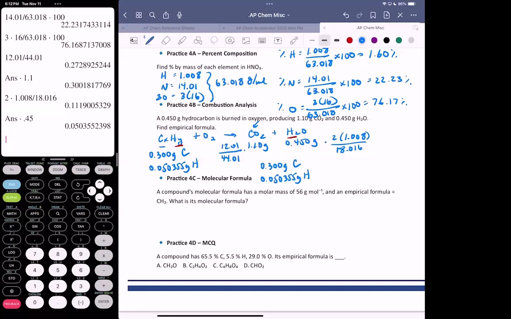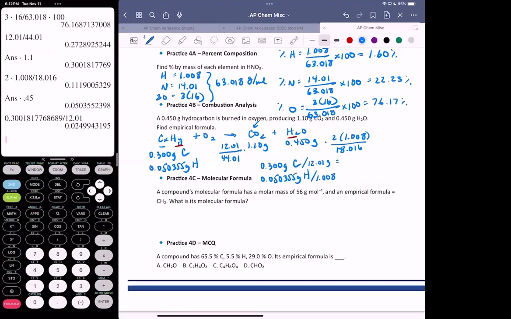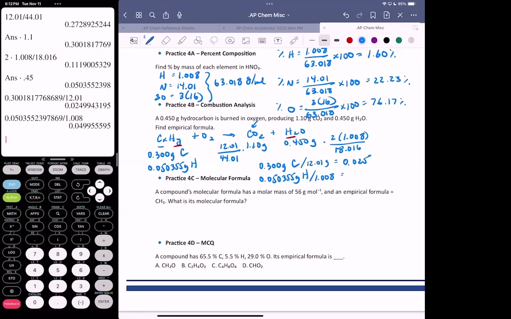So 0.300 grams divided by the molar mass of carbon and 0.05 grams divided by the molar mass of hydrogen. So 0.300 divided by 12.01 gives me 0.025, and 0.050355 divided by the molar mass of hydrogen gives me 0.05, really, right?